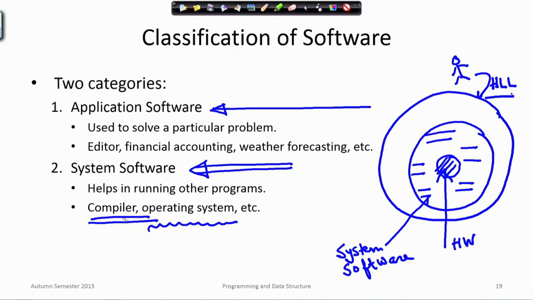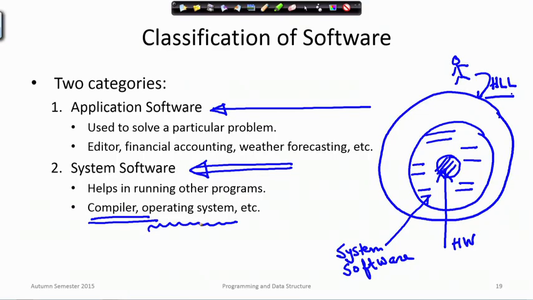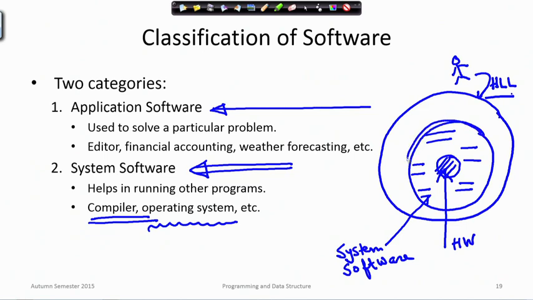So, the operating system, compiler, etc., are the core elements of the entire computer system, without which we would not be able to use the computer as efficiently as we do nowadays. Now, given this hardware and this layer of operating system, compiler and other system software, we are in a position to write some programs for our day to day use.